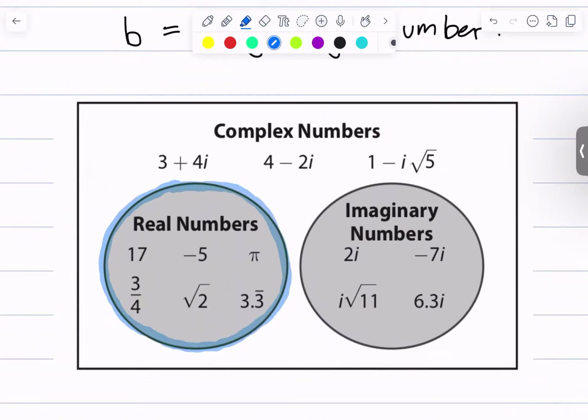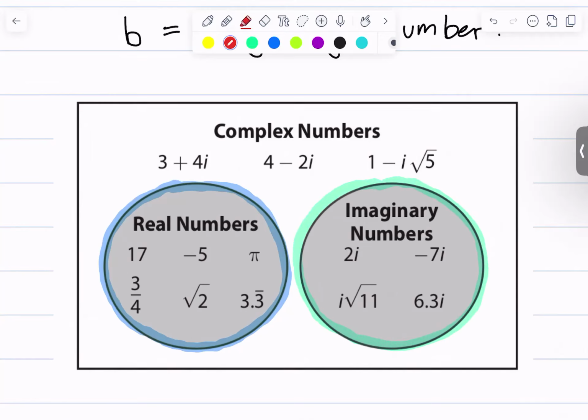Square root of 2 is a real number. Pi is a real number. And any decimals are real numbers, right? And in this circle are imaginary numbers like 2i, -7i, i square root of 11, and 6.3i.